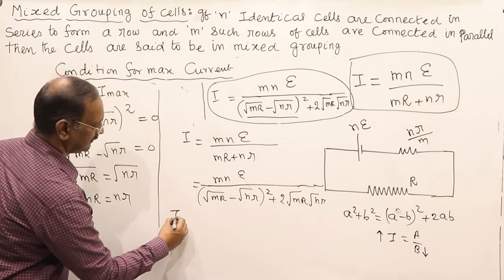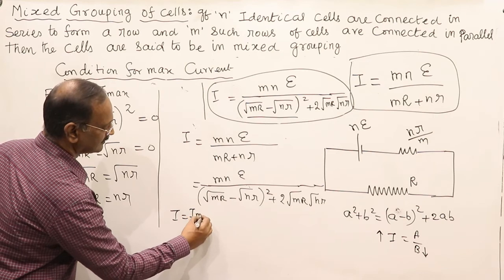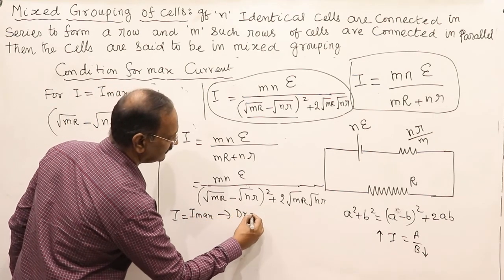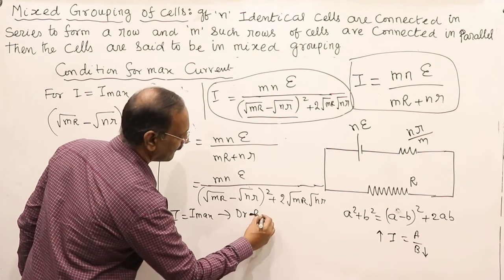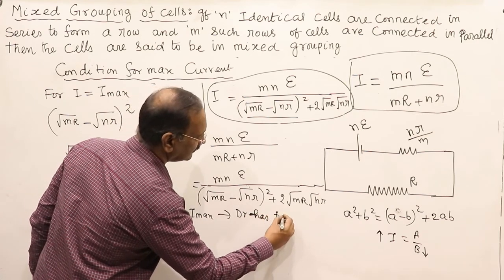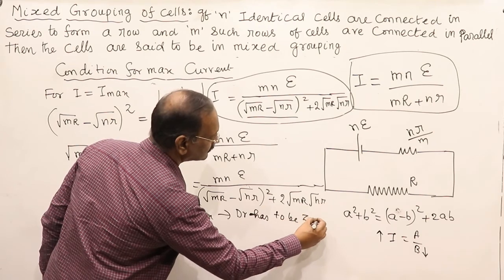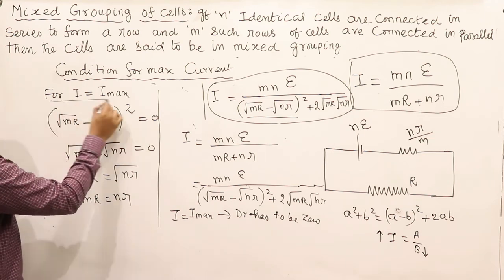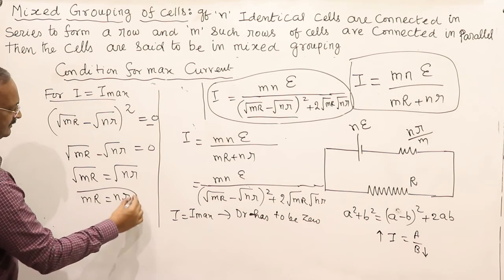For I to be I maximum, the term (√(mr) − √(nr))² has to be 0, because it cannot have a negative value. That is the condition.